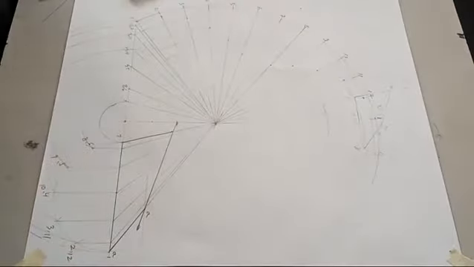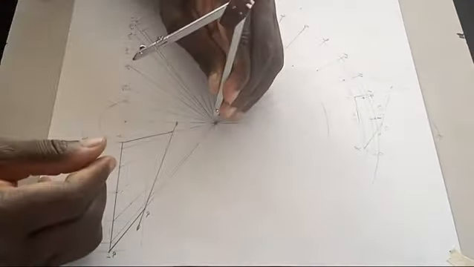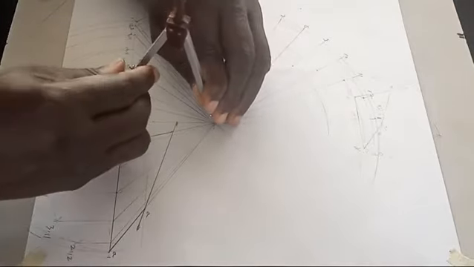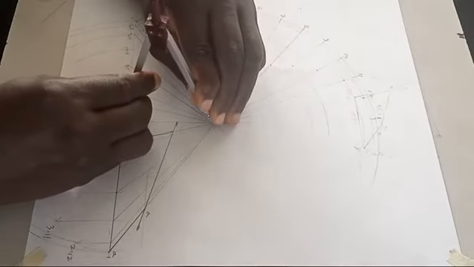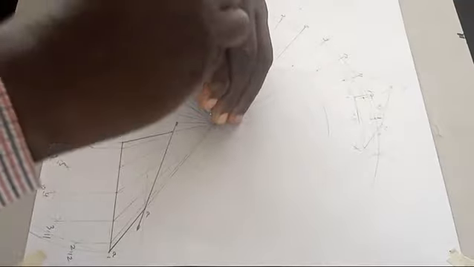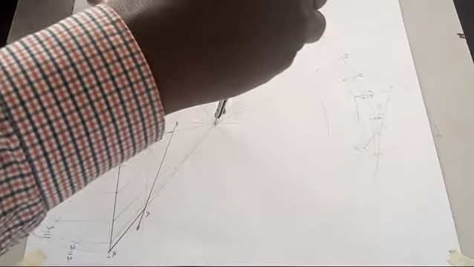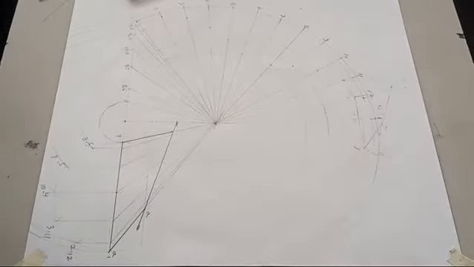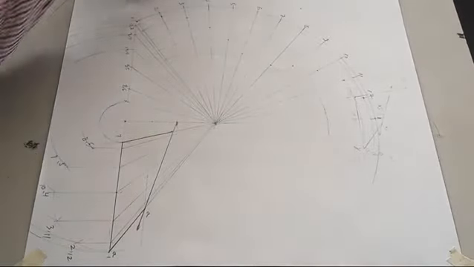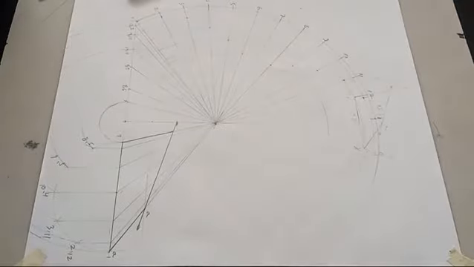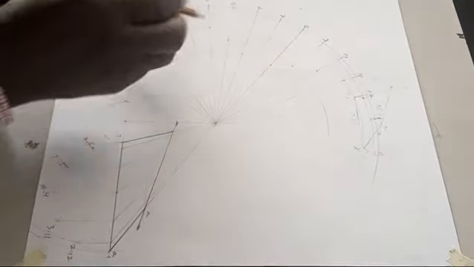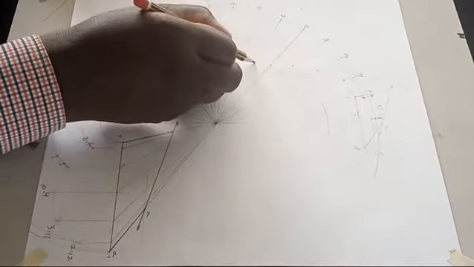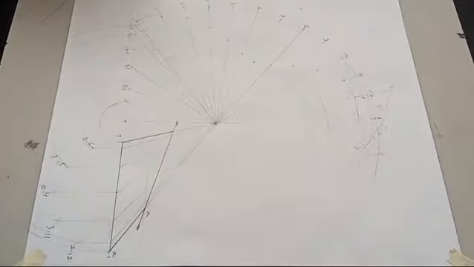So the next one is 7, which is the last one for the bottom. This here, shift it to 7 like this. Then we describe the arc. 7, like that. Where's 7? This is 7, so it is here. We can now join with French curve.